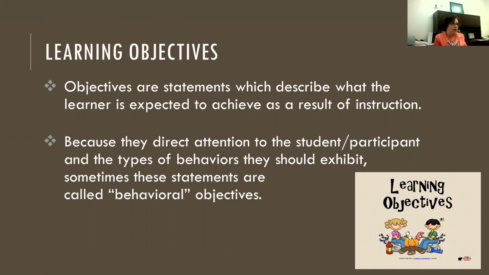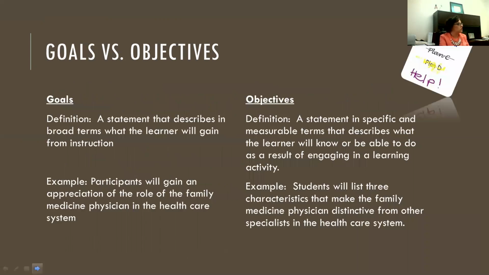So he printed the book in 1975 as a second edition with a different title. He's written lots of books on that. But because they direct the attention to the student or the participants and the types of behaviors, that's why sometimes they're called behavior objectives. You're trying to get a certain behavior out of the kids or out of the students.